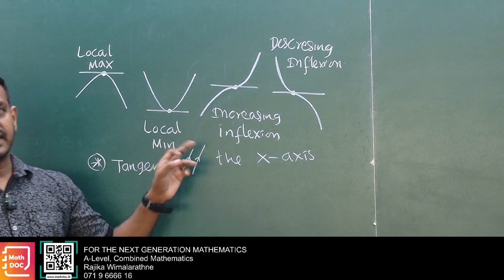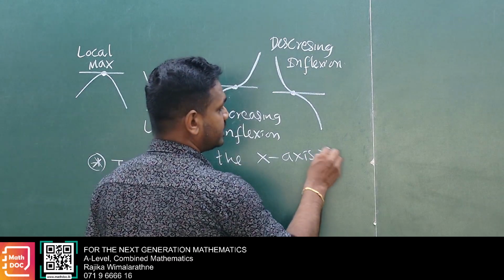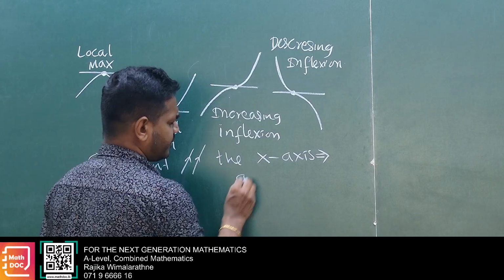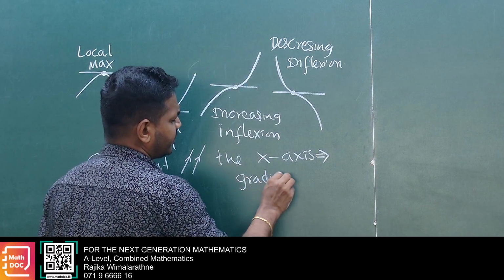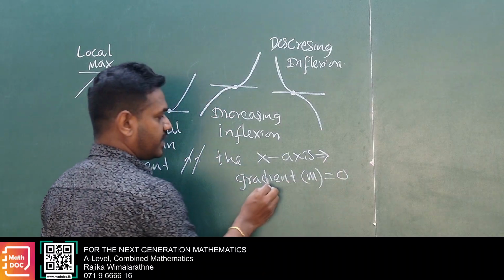So here this case is very special. Tangent parallel to the x-axis means gradient 0. Gradient, we say m is 0.